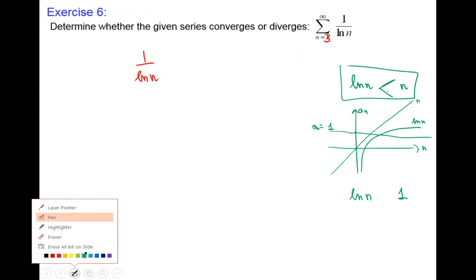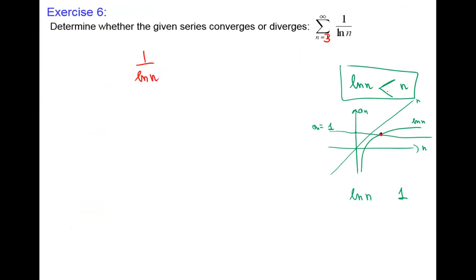The function ln of n is greater than 1 starting at the point e. That means for all n greater than 3, because e is approximately 3. So this is a comparison that you may use: ln with n this way, ln with 1 this way.